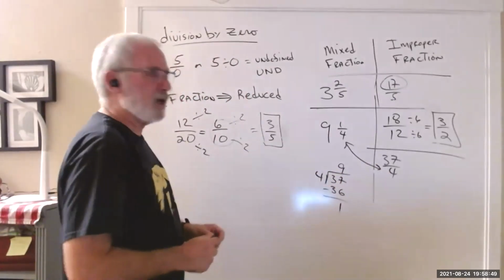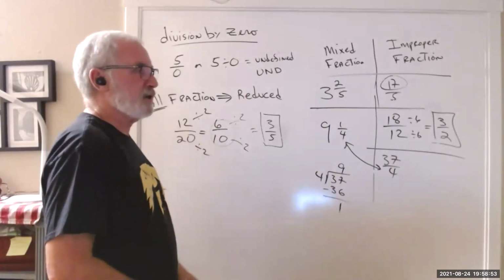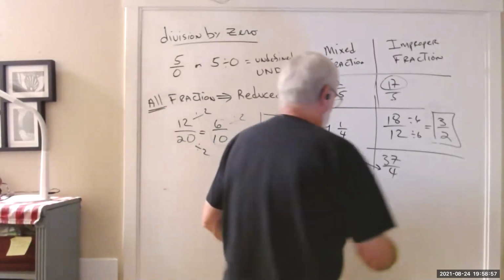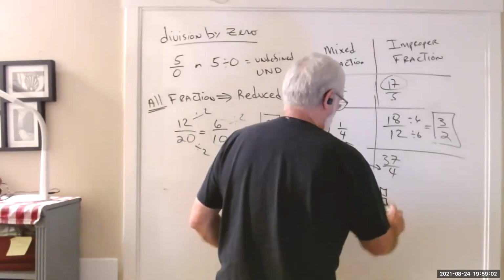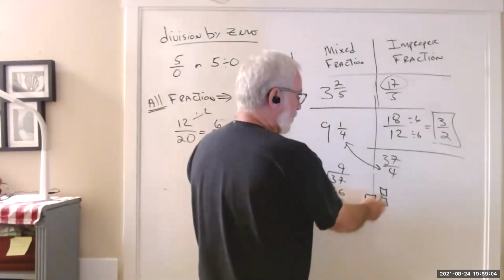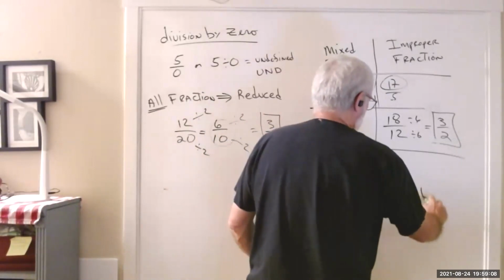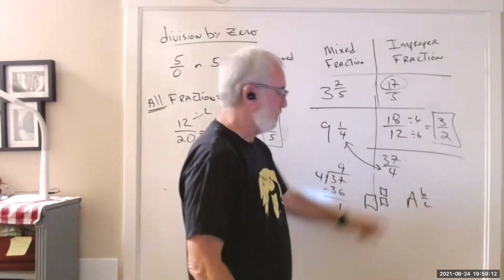Tomorrow or Wednesday, I'll talk about how you can use your calculator. Depending on the scientific calculator you have, you probably have a fraction button. Either it looks like this. Okay, that's the whole number, that's the numerator denominator, or some calculators have a fraction button that looks like this, ABC.